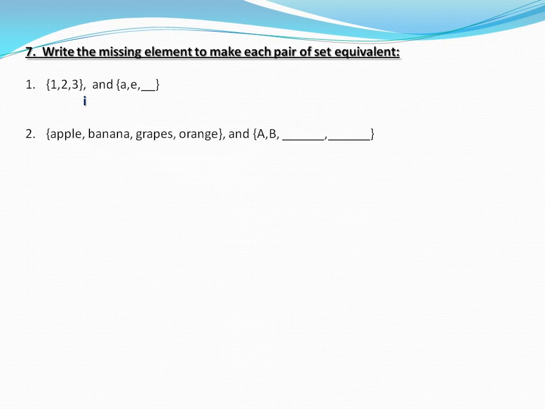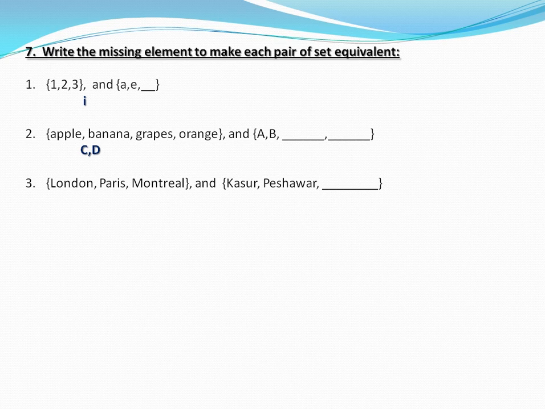Number 2 has apple, banana, grapes, orange, and we have A, B. So you can write C, D. Okay, London, Paris, Montreal, and Kasur, Peshawar. You can write any other city name. I'm writing Karachi. Number 4 is 1, 3, 5, and the other set has 2, 4. What value is missing? Because it's an odd number, the second one has even numbers, so I'm writing 6.